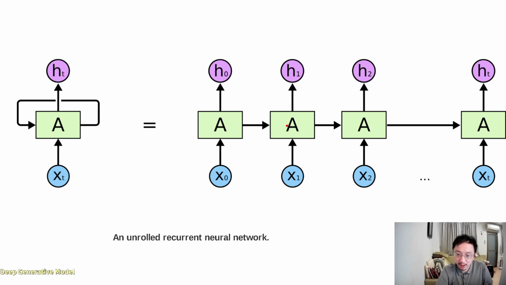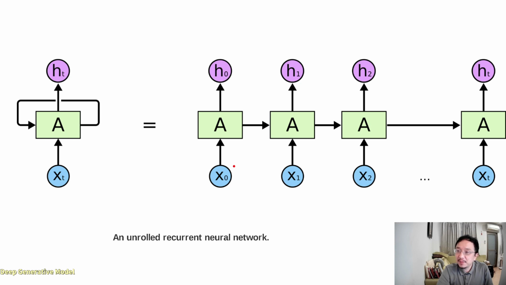So that's why we consider the LSTM to be a very natural implementation of an autoregressive model. However, an RNN does not necessarily have to be an autoregressive model.